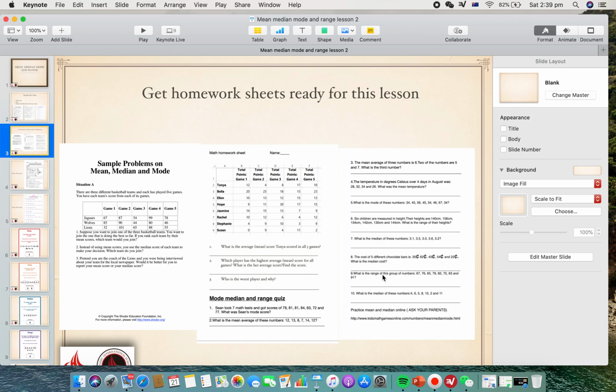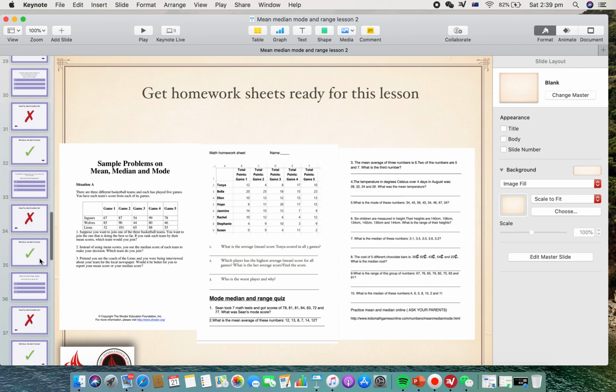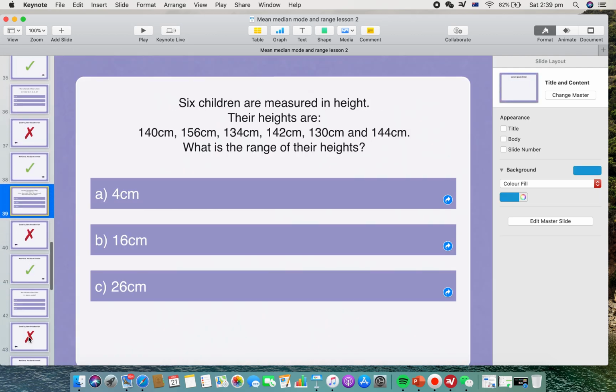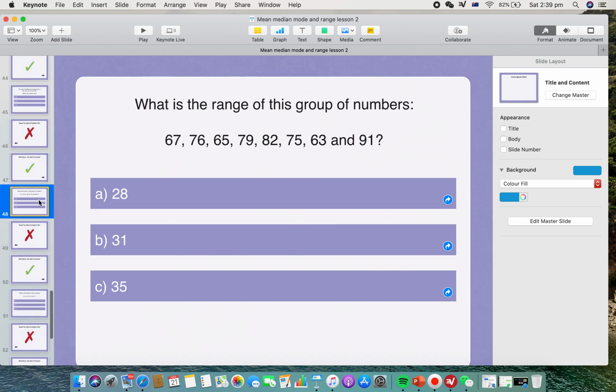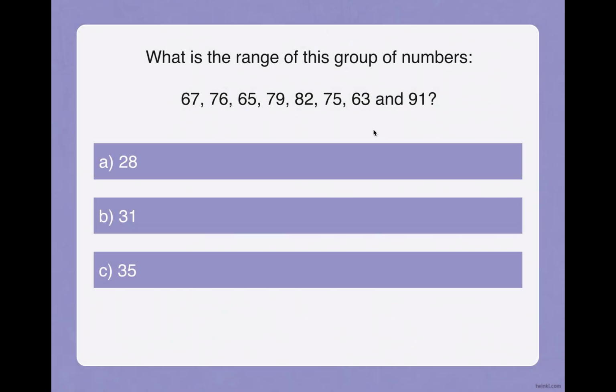I think it's question 9. Okay. So what is the range of this group of numbers? So you need to find the biggest number and the lowest number and take it away.